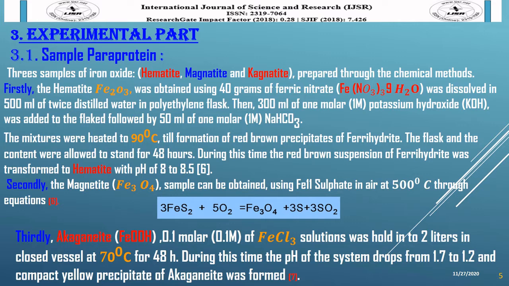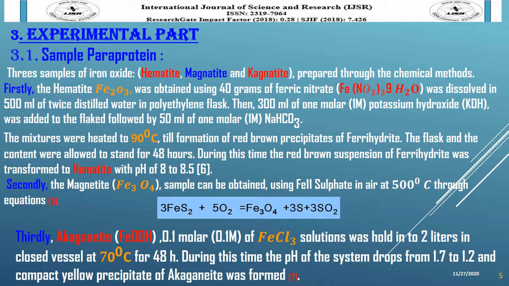Fe(NO3)3·9H2O was dissolved in 500 milliliters of twice distilled water in a polyethylene flask.